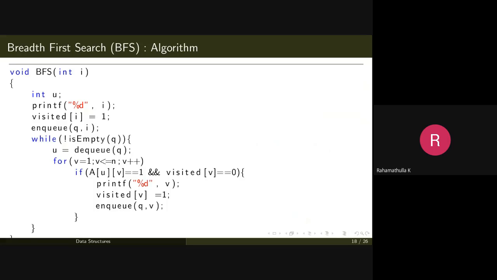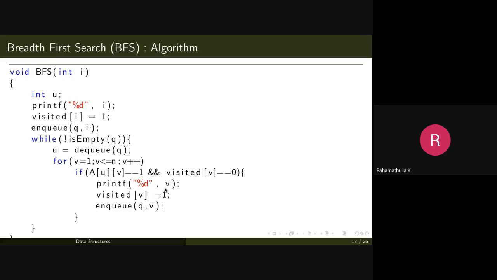So the BFS procedure is very simple. You pass an initial or starting vertex. We'll mark it as visited. Then we'll enter it onto the queue. Then we'll run this while loop. Iteratively, you take one entry from the queue and find all the vertices in the level order corresponding to that.